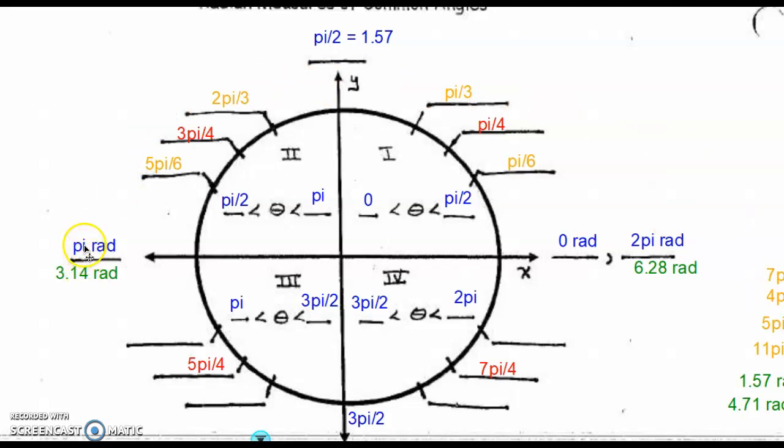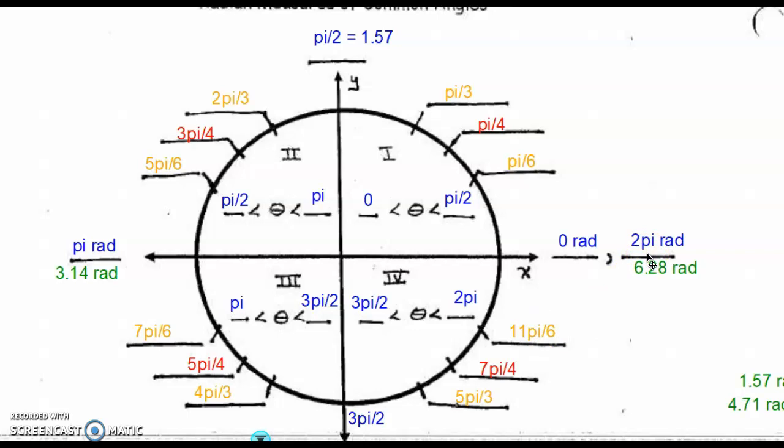So again, re-watch all this and look at the way I count. I'm just counting. That is it. Well, if this is 6 pi over 6, this is 7 pi over 6, 8 pi over 6 reduces, 9 pi over 6, 10 pi over 6 reduces, 11 pi over 6, and 12 pi over 6.